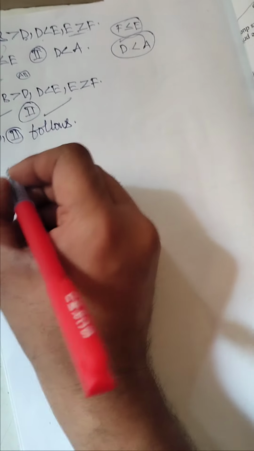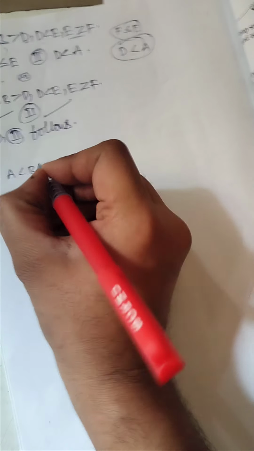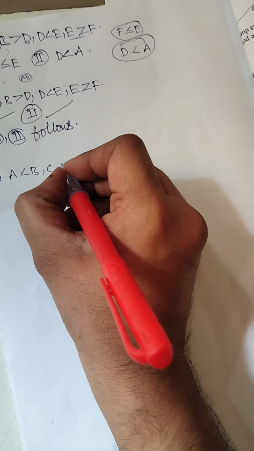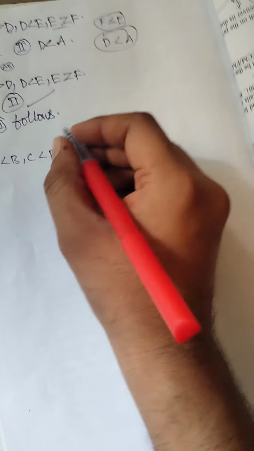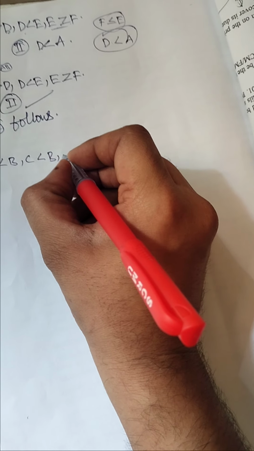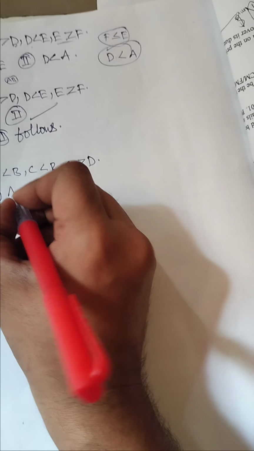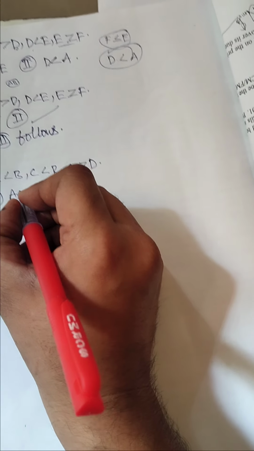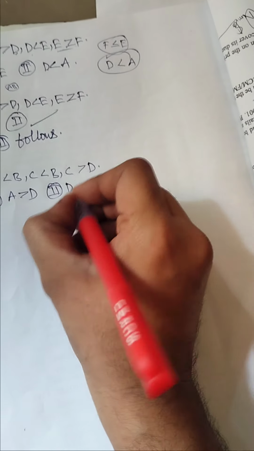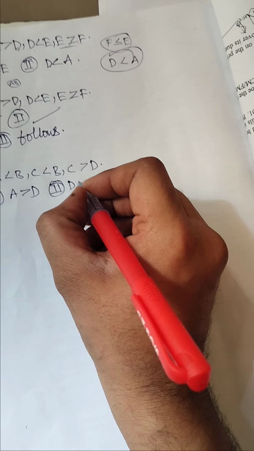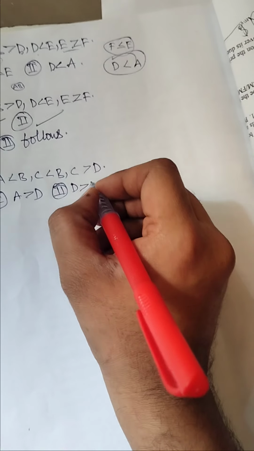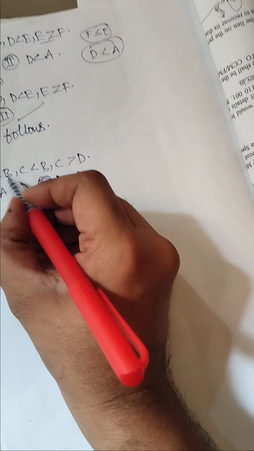Suppose the question is like A less than B and C less than B and C greater than D, and here, see, the variables of the last and first statements are totally changed.